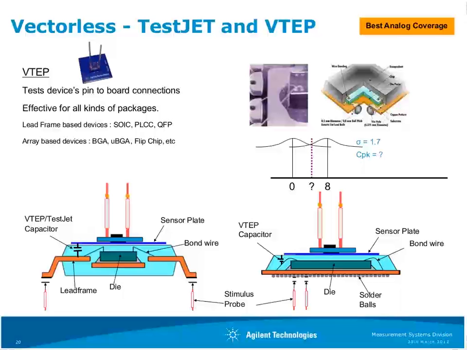VTEP was introduced to cover complex devices like BGAs. TestJet was designed in the 1990s to address QFPs, and typically doesn't address these types of devices, BGA, micro BGA, flip chips, and surface mount connectors, whereas VTEP can address these very complex and small package devices.